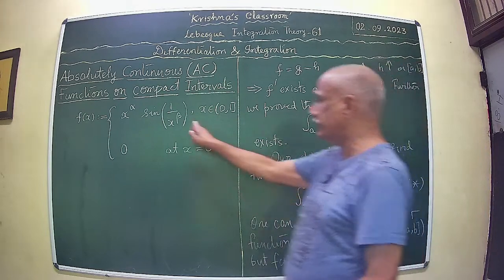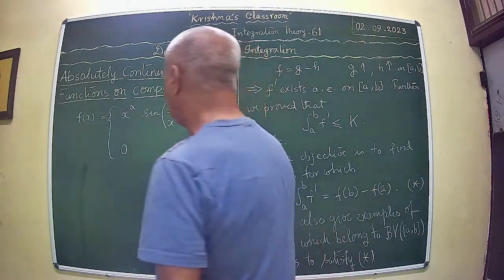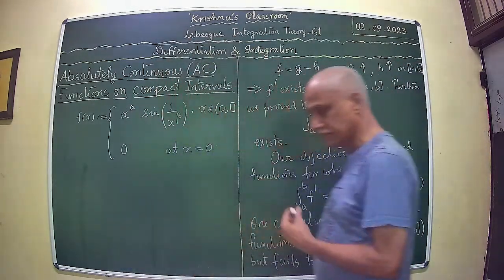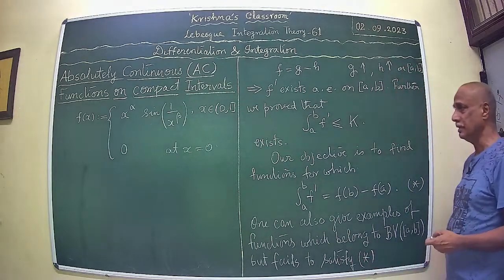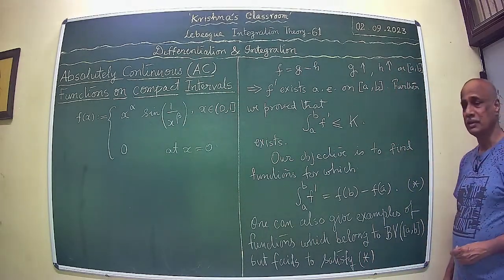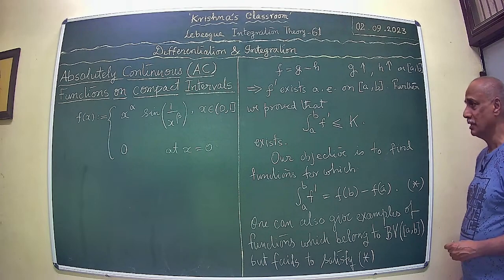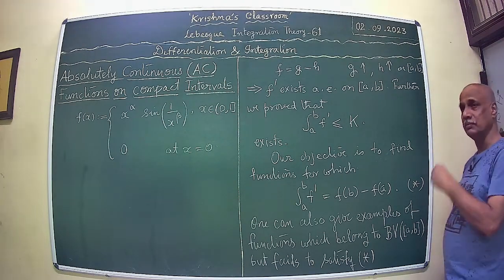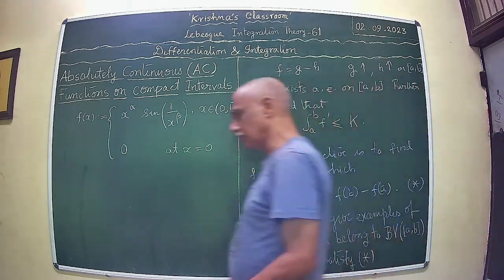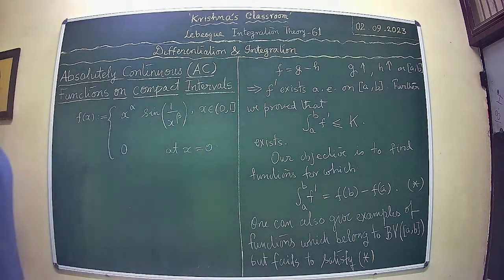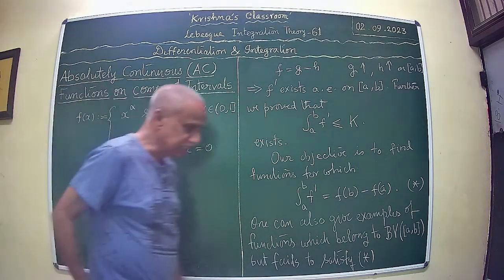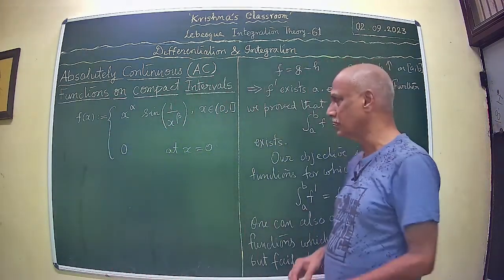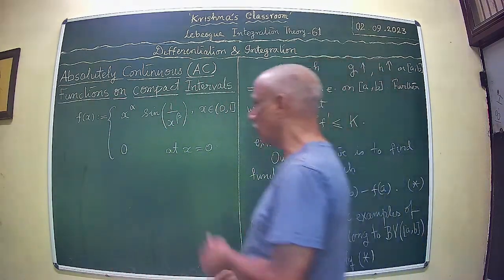Now the relative values of alpha and beta are relevant in this function becoming a function of bounded variation. So this is very important. Now we shall have a discussion of this later.